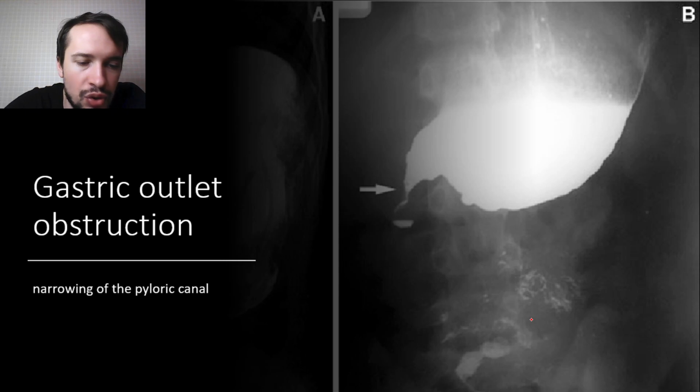Laboratory findings may show anemia, low serum albumin, and hypokalemic alkalosis. Radiological exam is usually diagnostic, showing a large gastric shadow with an air fluid level.